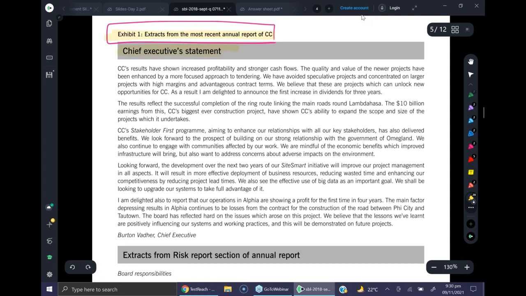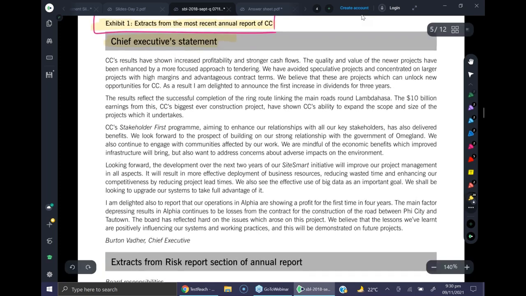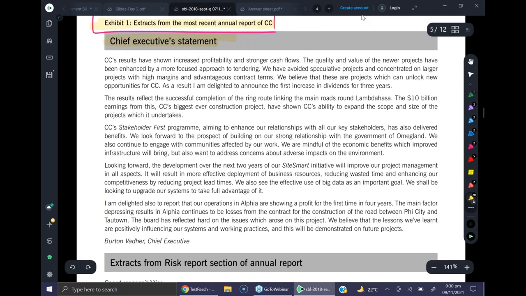The Chief Executive Statement is given in Exhibit 1, and this is an extract from the most recent annual report. The Chief Executive Statement says that CC's results have shown increased profitability and stronger cash flows. The quality and value of the newer projects have been enhanced by a more focused approach to tendering.